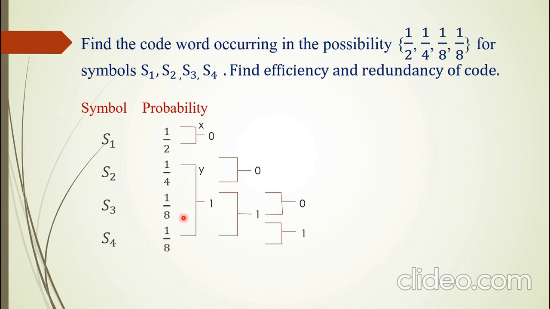So S2 is one subset having bit 0, and the combination of S3 and S4 is another subset having bit 1.